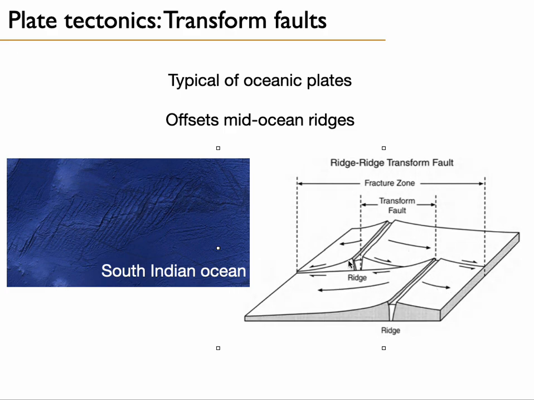If this ridge is broken by a fault, this part moves relative to this part, then you will end up with segments where the material from this ridge, from this side, is going towards the left, and the material from this ridge here is going towards the right. So at this boundary here, we have opposing sense of motion.